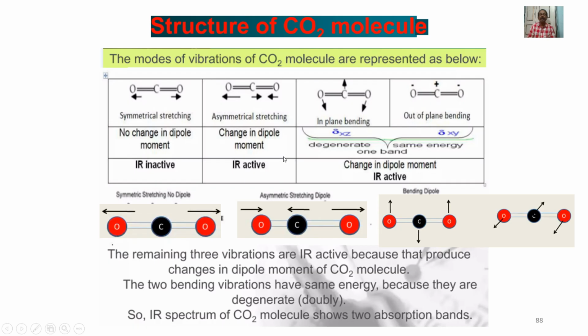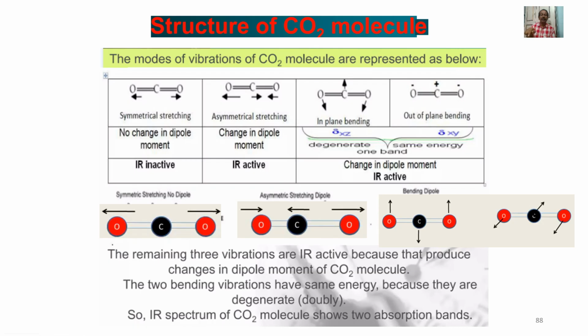And for bending, we have 2 types. One is in plane bending, another one is out of plane bending. So this is one variety, and this is another type. In both the cases, we have change in dipole moment, and this must be IR active.